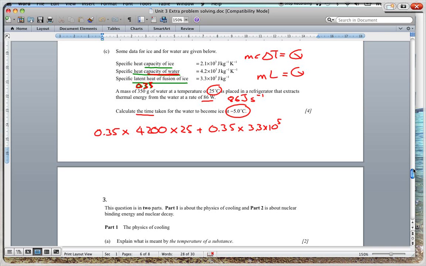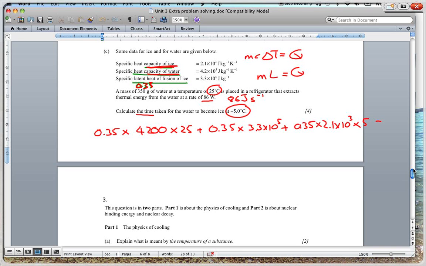And then after it's all frozen, the ice needs to drop a further 5 degrees, so it's going to lose further heat. Still 0.35, the mass will not have changed, but we are now multiplying by the specific heat capacity of ice, because now it's ice, so it's 2.1 times 10 to the 3, or 2,100, and it's going to be 5 degrees.